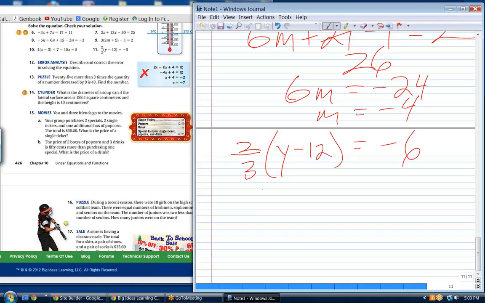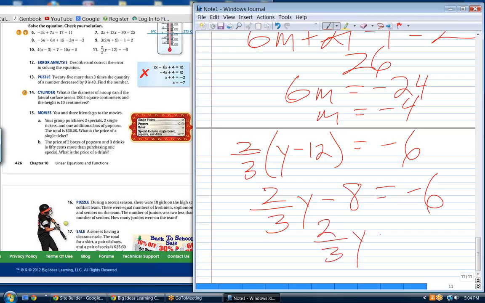Okay. So then you distribute and get 2/3 y minus 8 equals negative 6. And then you add 8 and get 2/3 y equals 2.